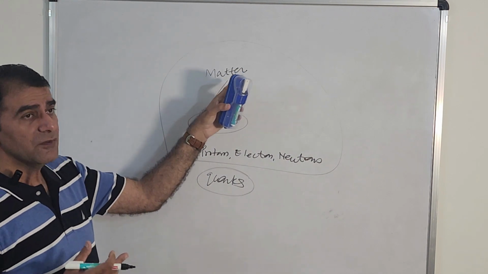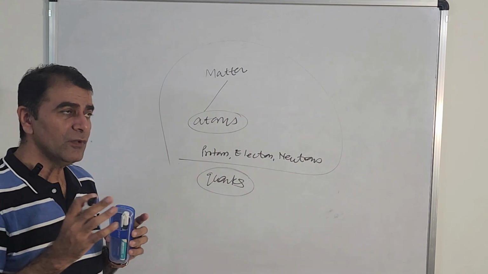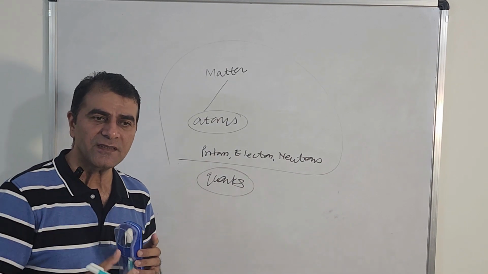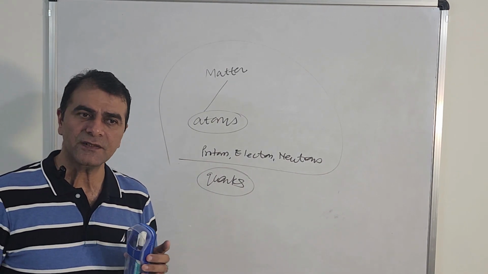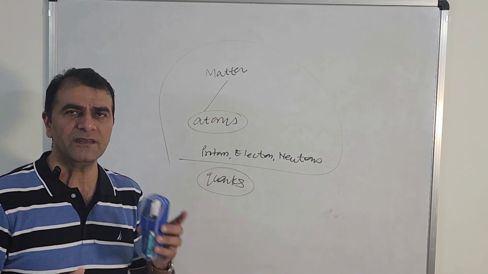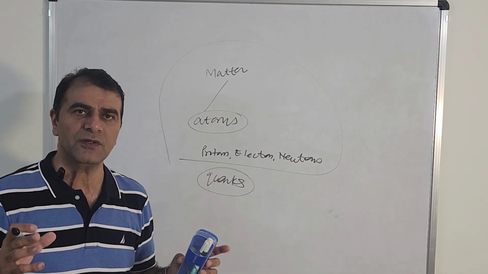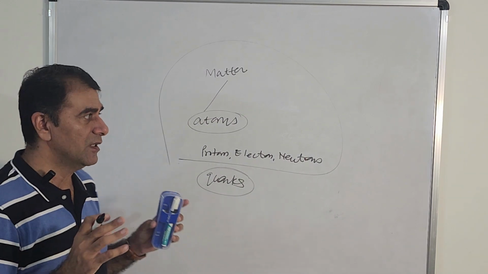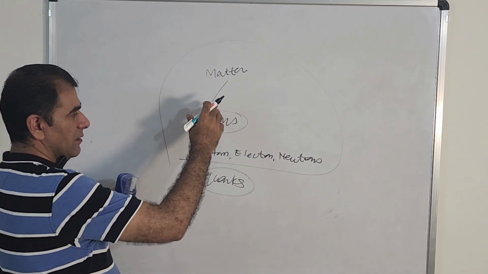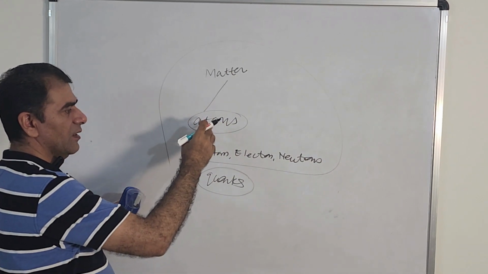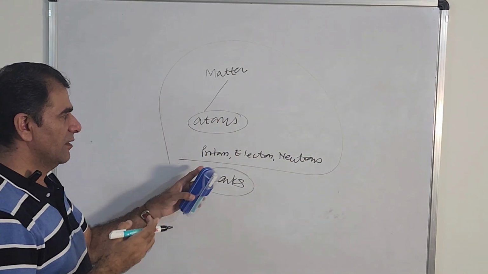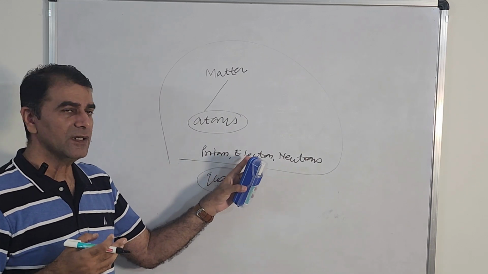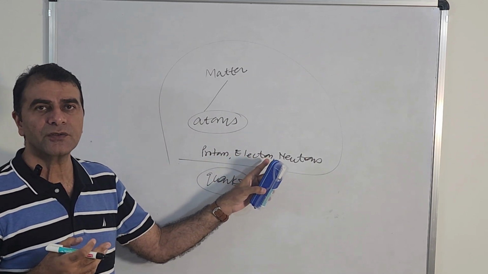Whatever we see with our eyes is made up of atoms. Like a phone, a bed, your father, mother, anything you can see is made up of atoms. The atoms have the basic elementary particles: protons, electrons, and neutrons.